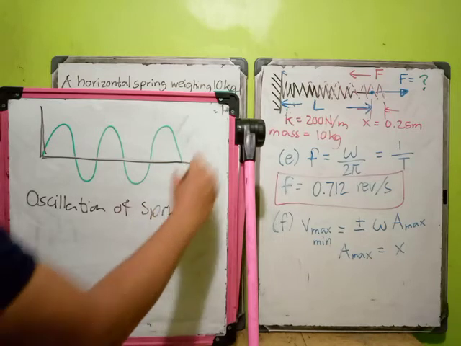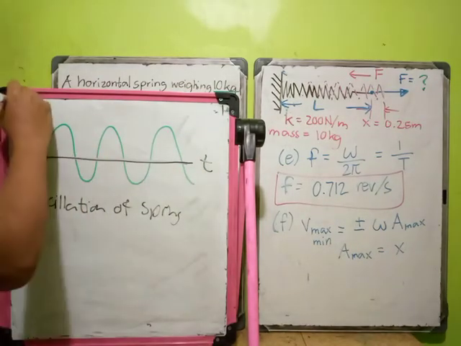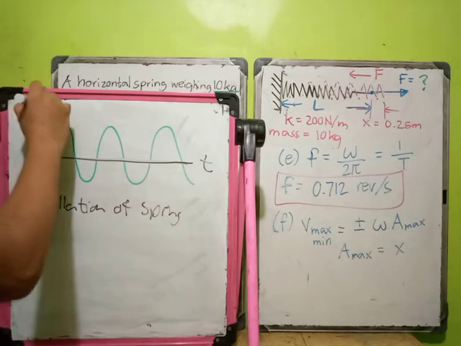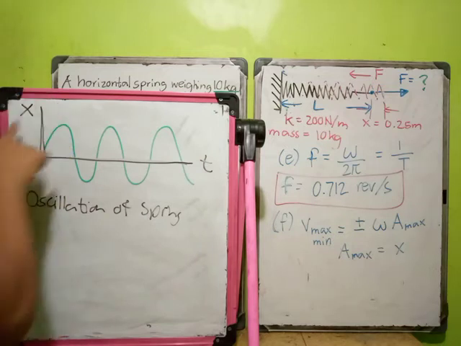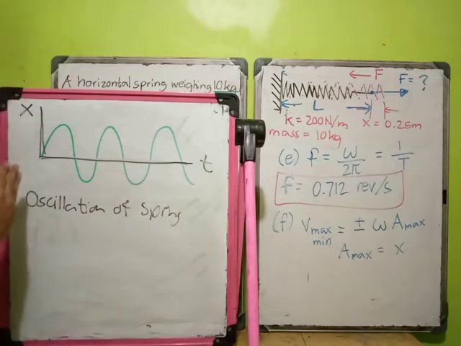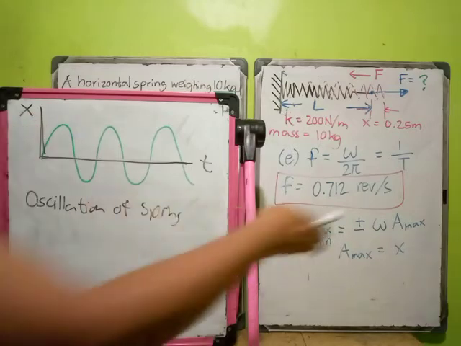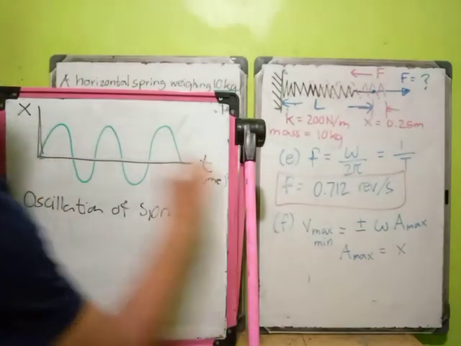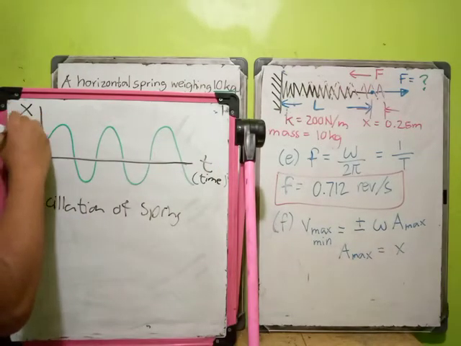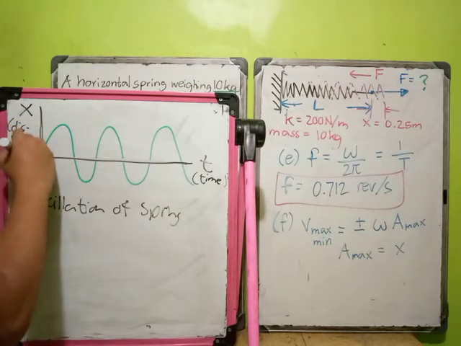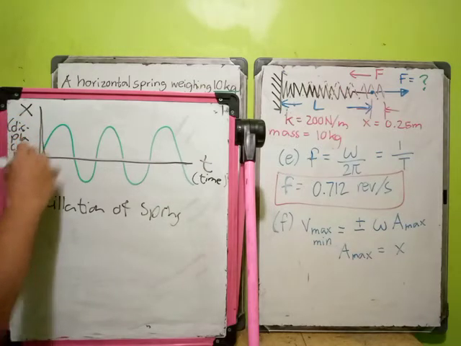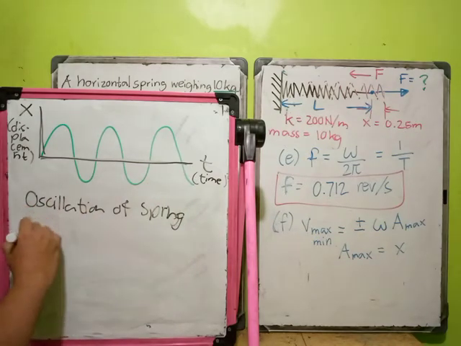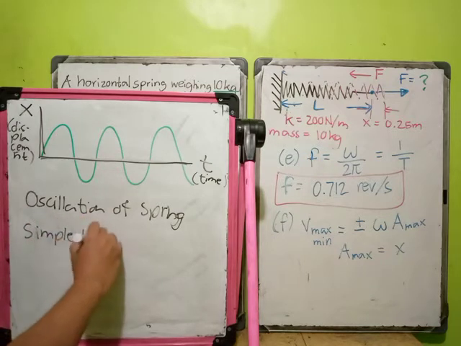Ito yung graph niya in terms of T and in terms of the displacement. Okay? So here at the y-axis, at the vertical axis I mean, is the x. So itong displacement. Okay, so this is time and this is displacement. So as you can see here, for simple oscillation, this is actually simple harmonic oscillation.